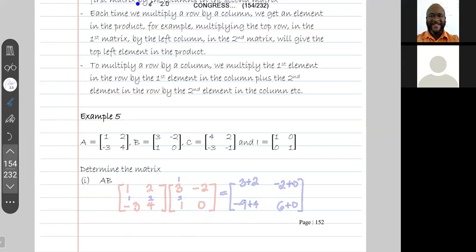Second element in the row times the second element in the column. So our final answer here is 5, minus 2, minus 5, 6. So the matrix product AB is 5, minus 2, minus 5, 6.